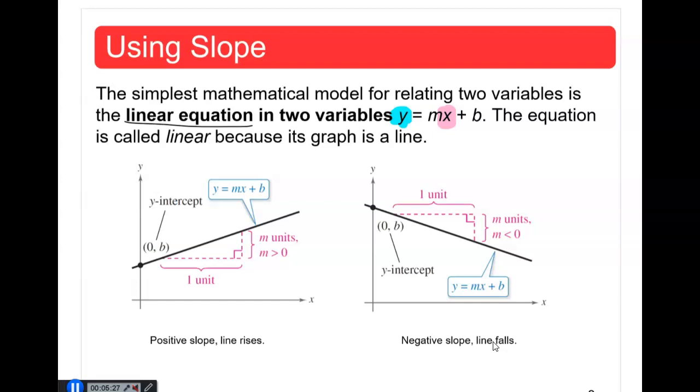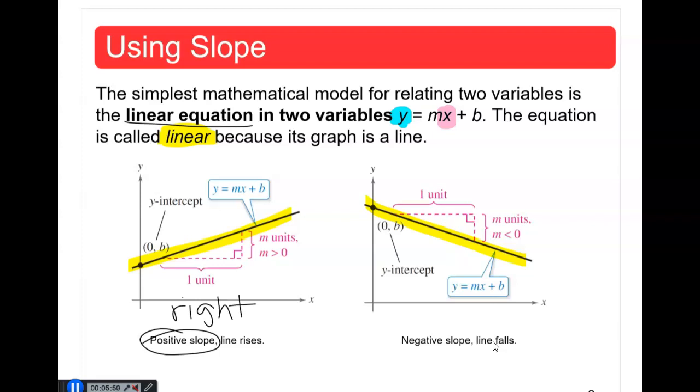And the equation is called linear because the graph is a line, and this could be a slanted line. It could be leaning to the right, and that means that we have a positive slope if it's leaning to the right.